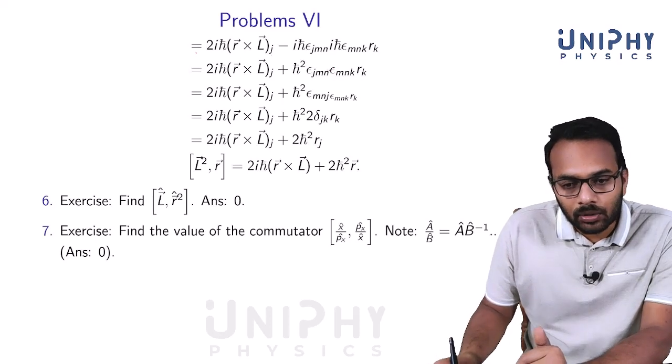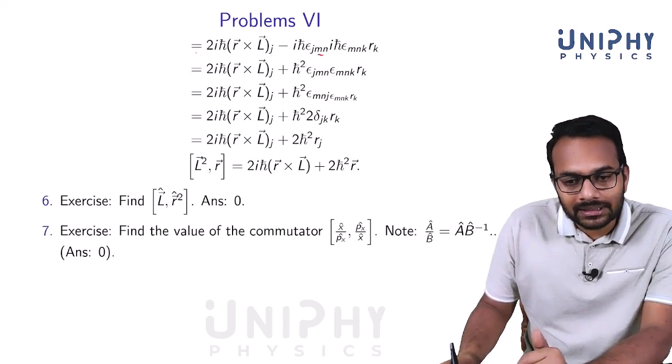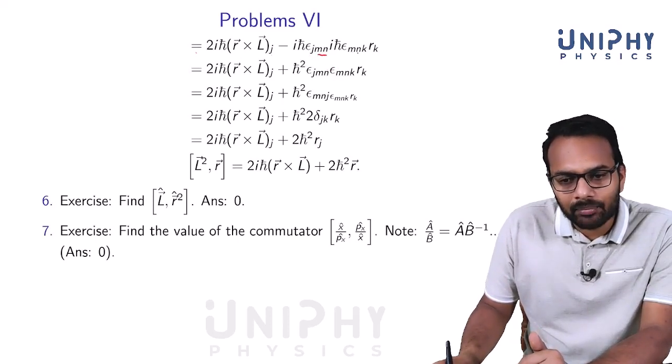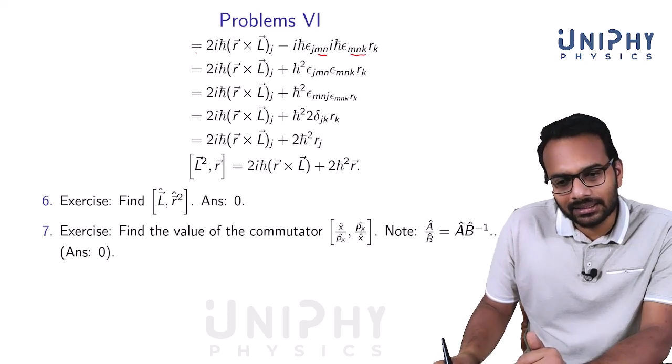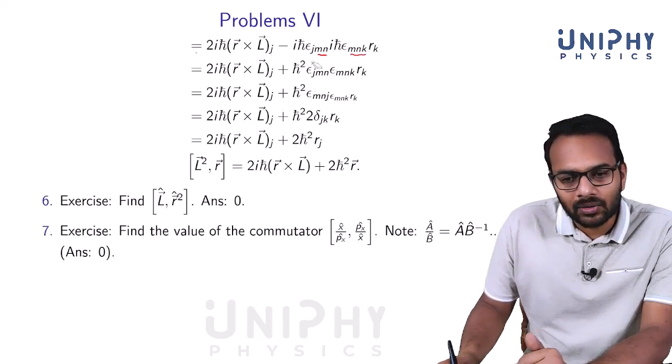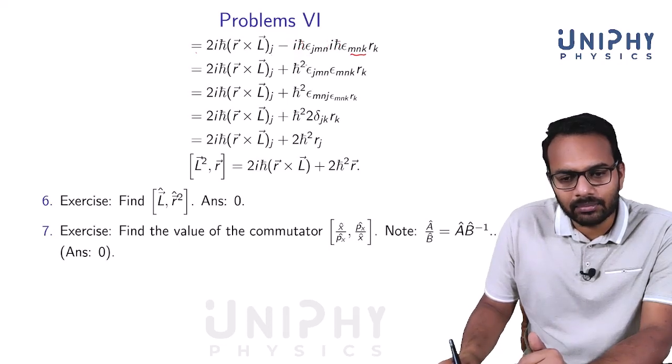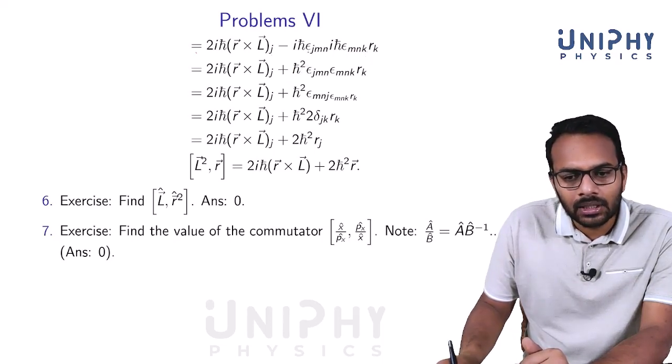Now what we have here is jmn and mnk. Also you see that there's a minus i here and a plus i here, so you can multiply and it becomes ħ cross square. Now what should I bring here?